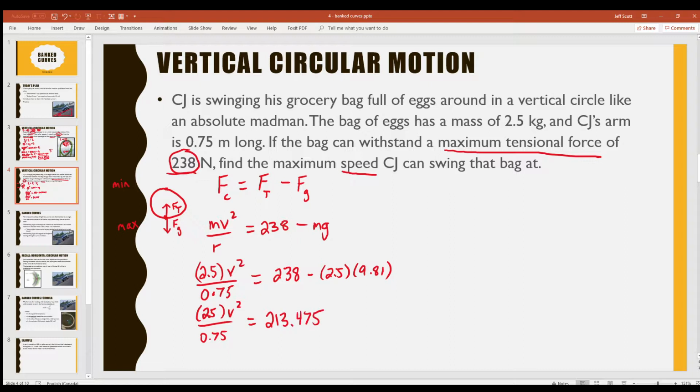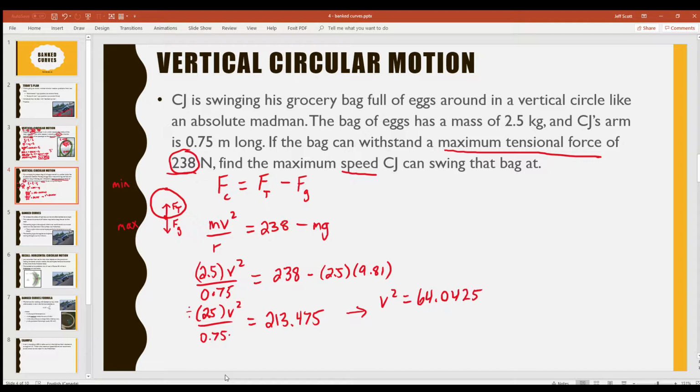Now if I want to get v squared all by itself, we just need to times by 0.75. So I need to multiply this over, and I need to divide this 2.5 over. So I'll times by 0.75 and then I'll divide by 2.5 and that's actually going to give me v squared equals 64.0425 approximately.